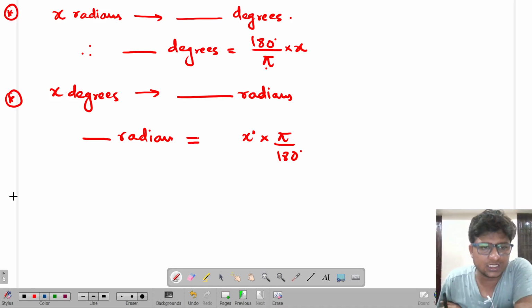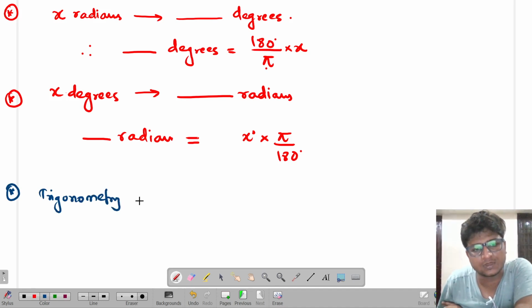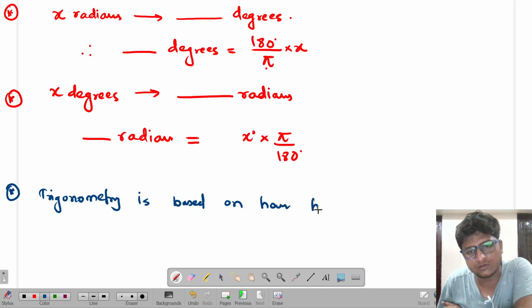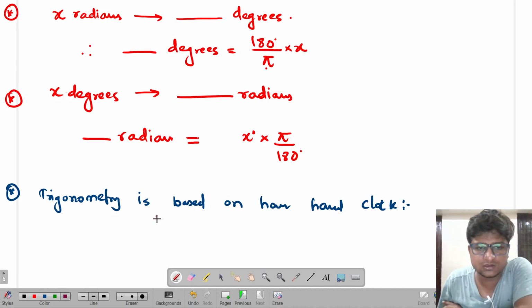Now, another trick is that trigonometry was based on the hour hand of a clock. Remember that 1 hour, or you can say 1 degree in this whole segment, represents 1 hour.